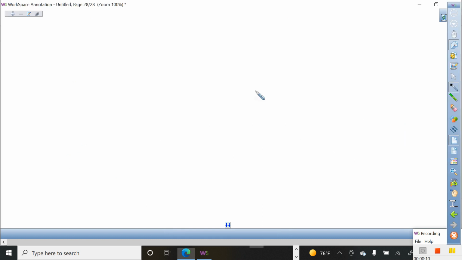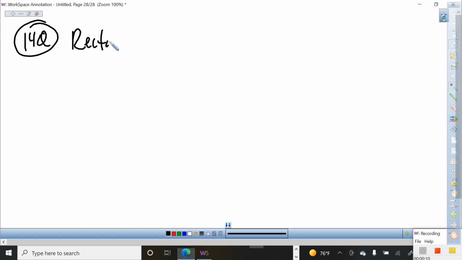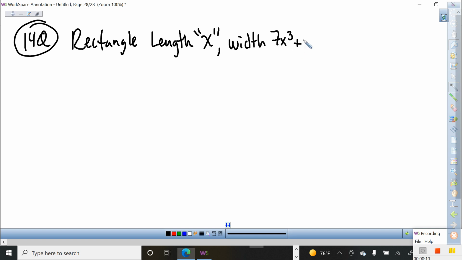I want you to write example 14Q. Then I want you to write the word rectangle, length x, width 7x cubed plus 11x squared minus 5x plus 2.